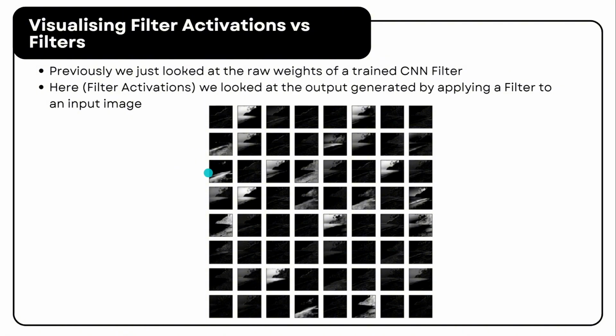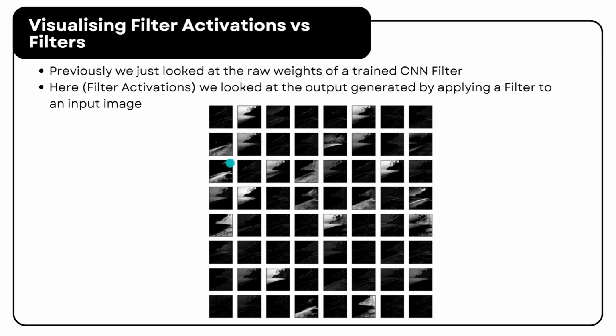So that means we were examining what each filter is designed to detect, kind of like inspecting the template. But here, we're looking at the actual filter activations, the outputs generated when we apply those filters to an image. So it's no longer just the pattern inside the filter, it's how those filters behave in action.